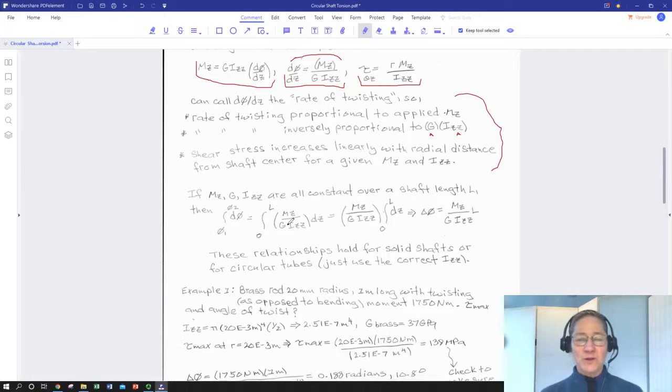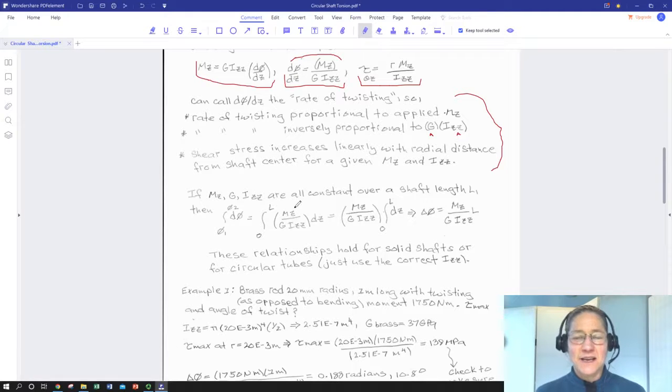Now my polar moment of inertia is only dependent on R, not z. So if I'm not changing applied moment as I go along the shaft, I'm applying moment maybe only at the end, so the moment is uniform over the whole shaft, and I'm not changing materials. I don't have some kind of reinforcement material which is more dense at one end of the shaft than the other.